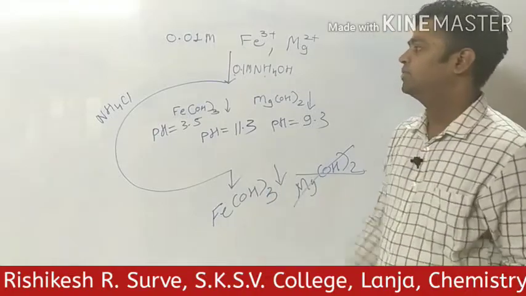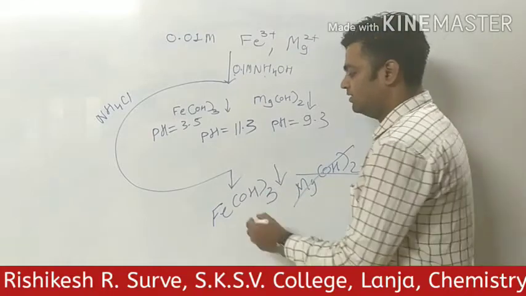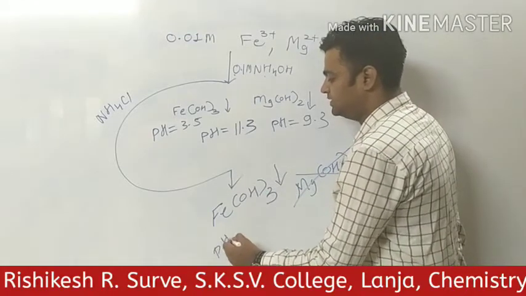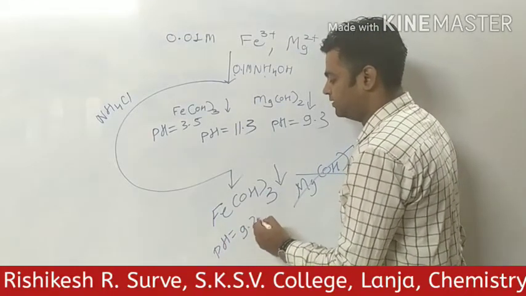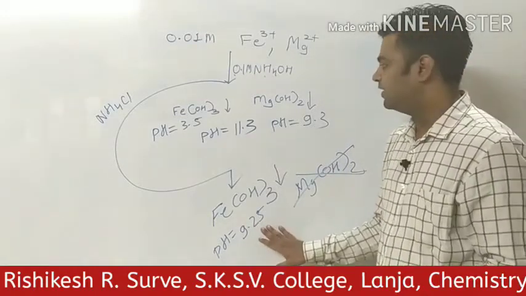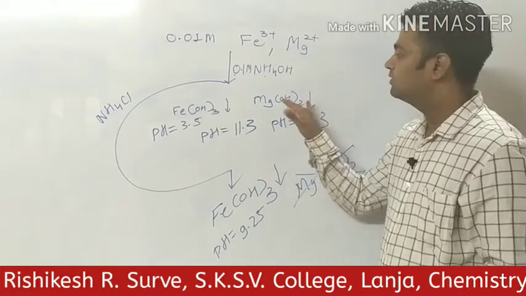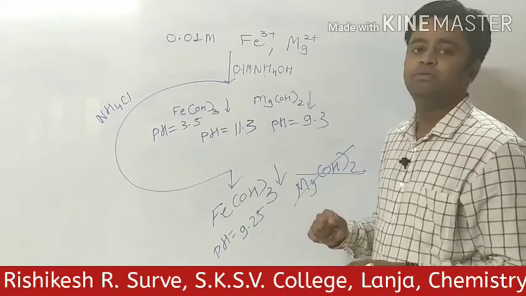Why? Because due to addition of ammonium chloride in ammonium hydroxide, the pH reaches up to 9.25. See, pH is 9.25 and we need a value of 9.3 to get precipitate of magnesium hydroxide.